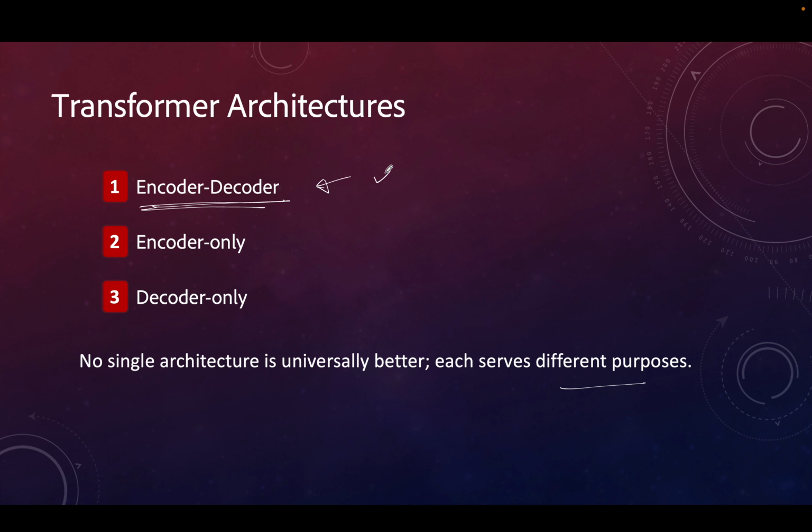Like for sequence to sequence, we use encoder decoder, and encoder only is generally used in representation models like BERT, where we want to get a meaningful embedding of the text. Decoder only models are generally used in text generation tasks like GPT based models or ChatGPT, which you are aware of.